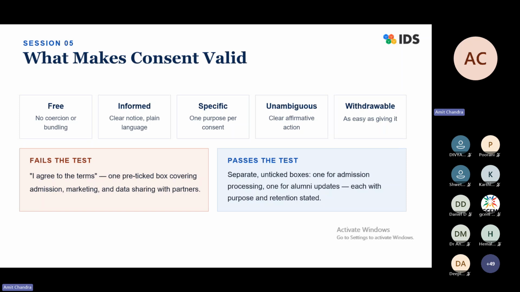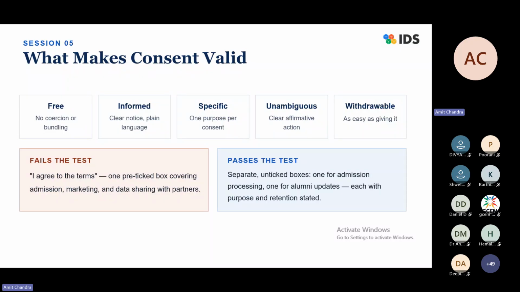In this example, there are two examples, one that fails the test and one that passes the test. Here it says, I agree to the terms, one pre-tick box covering admission, marketing, and data sharing with partner. What we are saying here is, please agree to these terms because we are going to cover admission.